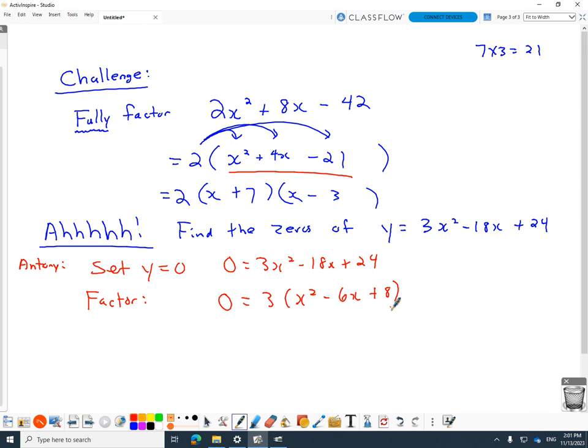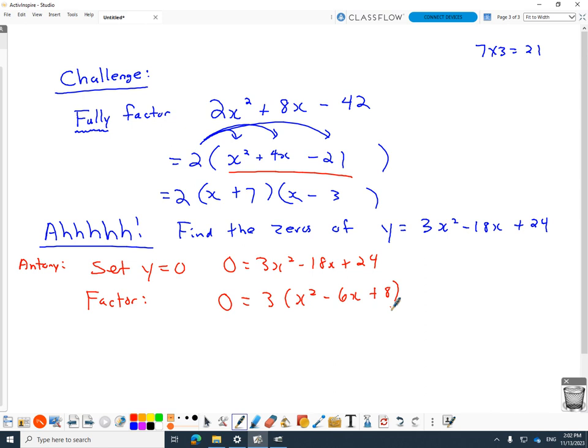More factoring. Friday factoring. What two numbers multiply to positive 8 but add to negative 6?